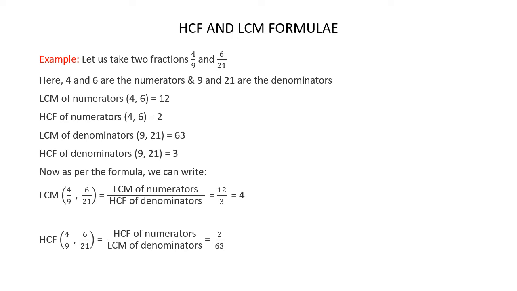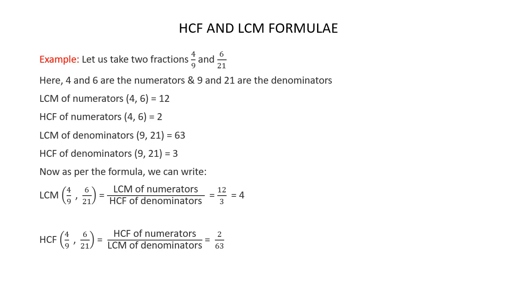When you do that, you'll see that the LCM of the numerators 4 and 6 is 12. HCF of the numerators 4 and 6 is 2. LCM of the denominators 9 and 21 is 63. HCF of the denominators 9 and 21 is 3.